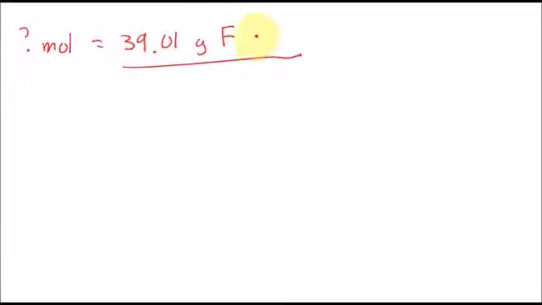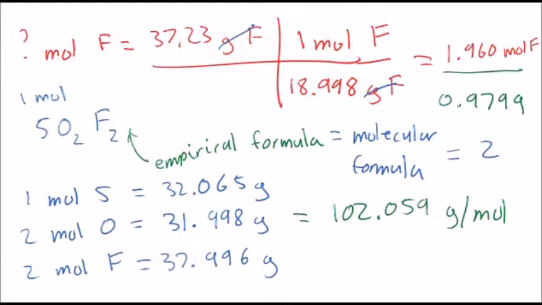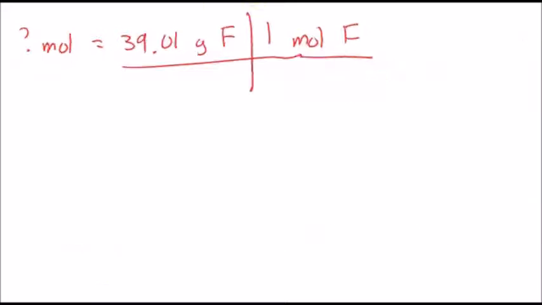And if you look at the periodic table, you'll see that 1 mole of fluorine has a mass of 18.998 grams. Okay, then grams of fluorine cancels out with grams of fluorine, and we're left with moles of fluorine.